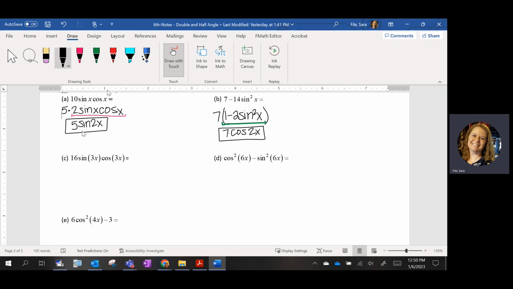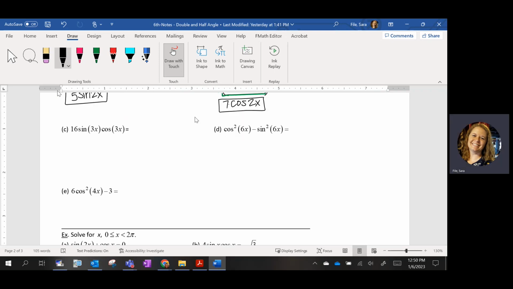Okay, so you can factor values out. You can rewrite terms as their factors to be able to get the identity that we need to substitute. Okay, so in C, this one is a little different. So I'm going to introduce something here that you're going to use a lot in calculus. It'll become common practice. It's called U substitution.